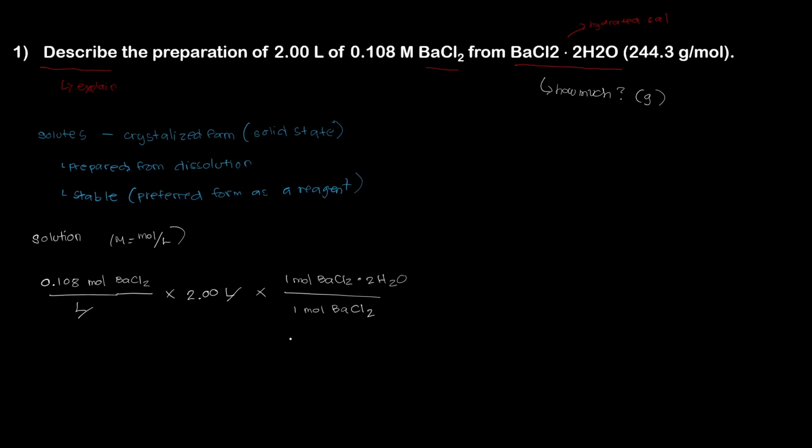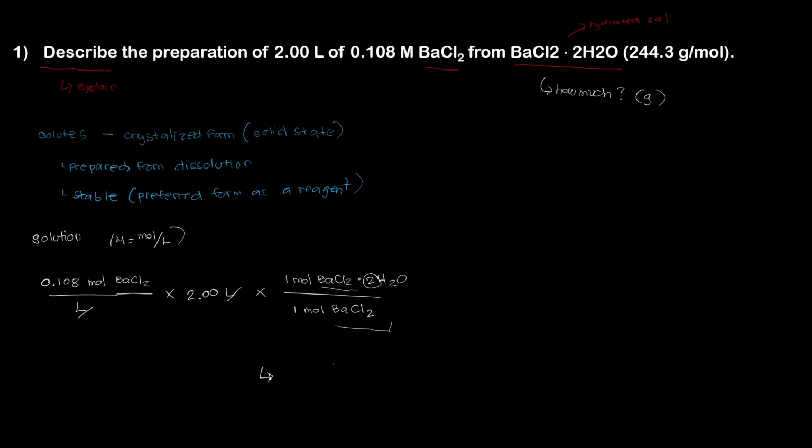So when you are talking about BaCl2 here, we want to know how much of this is in the hydrated salt form. Okay, so this is what we are looking for. So there is only one BaCl2 in BaCl2·2H2O. Okay, for instance, we want to know the water, not BaCl2.